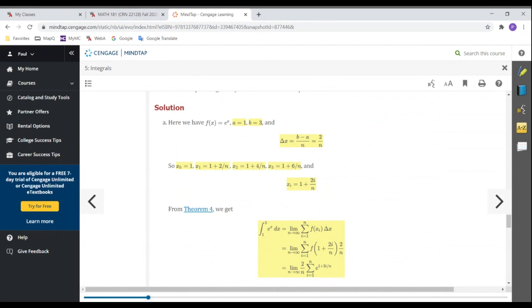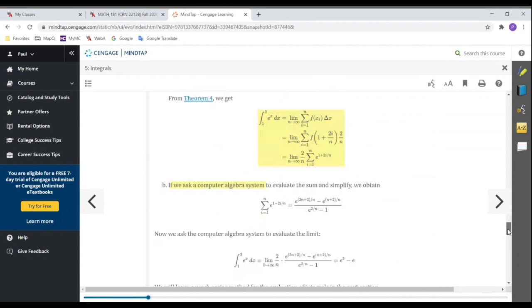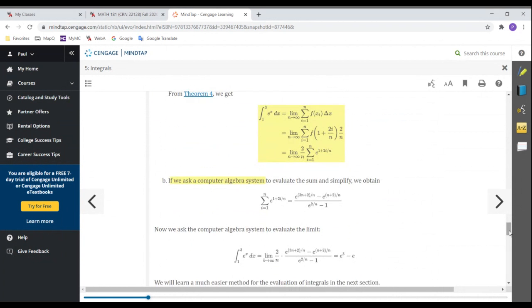Like for this problem, you're not going to be able to find that Riemann sum using formulas 5, 6, and 7, and it's not easy to find. But on Monday's class, I'm going to show you a way in which you can compute a definite integral without using a Riemann sum.